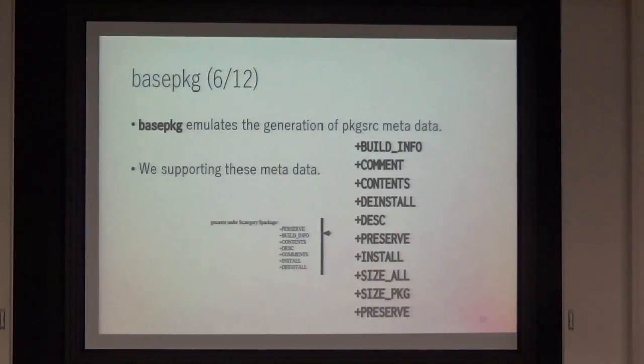Secondly, base package emulates the generation of pkgsrc metadata. With supporting this metadata, build info holds information used in package building, comment holds the comment of the package, contents holds a list of files each package contains, and the command for package tools.